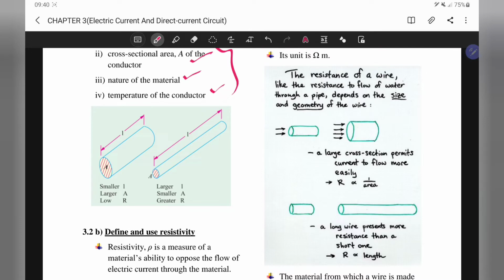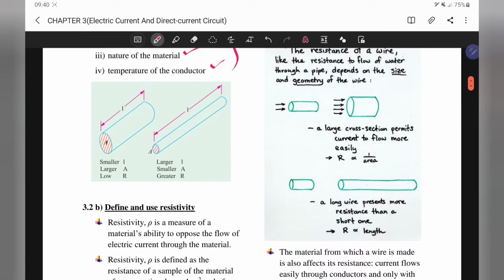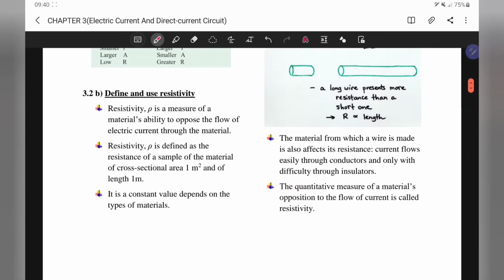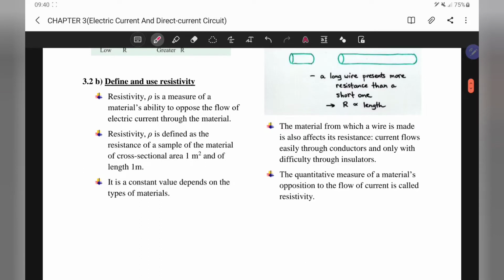So this is the example of how we explain the current flow and the resistance to current flow. Okay, next, the material from which a wire is made also affects its resistance, and current flows easily through conductors and only with difficulty through insulators.